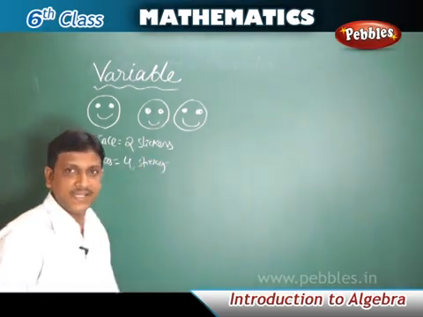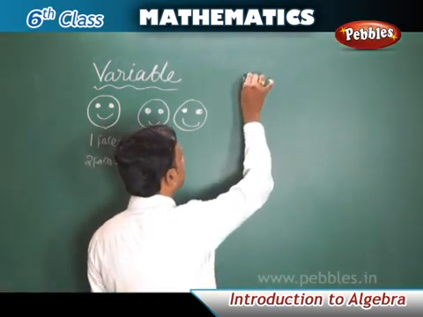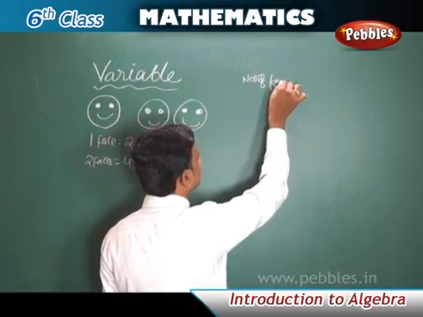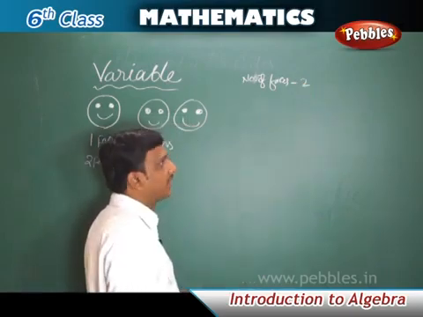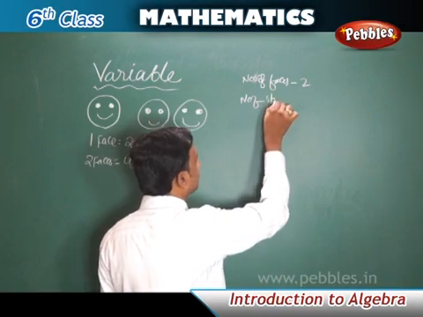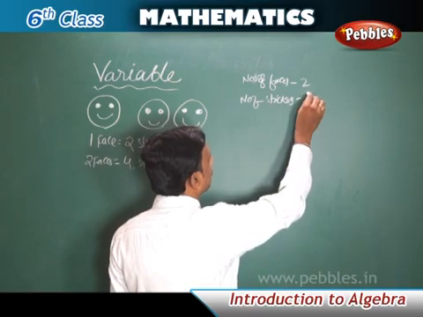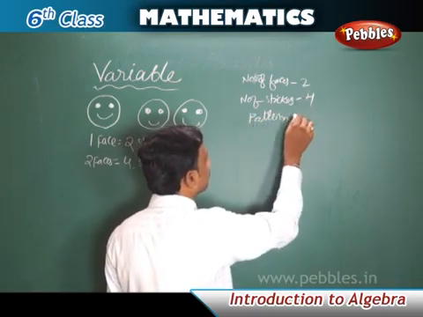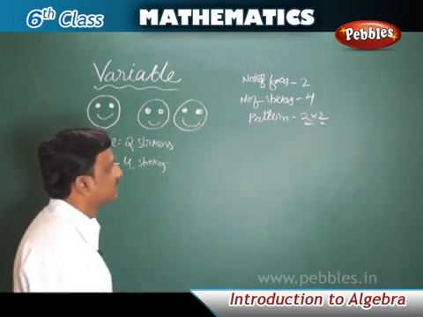As we have seen in the matchsticks activity, in the same way we write number of faces 2. In such case, number of stickers 4, and the pattern becomes 2 into 2. 2 faces, 2 stickers.